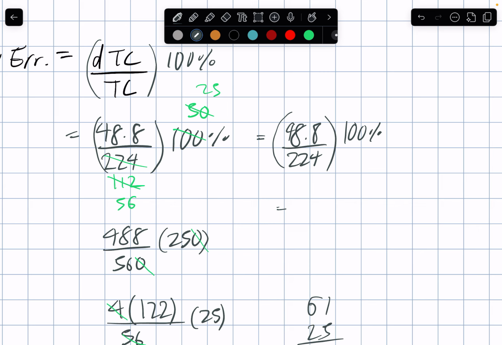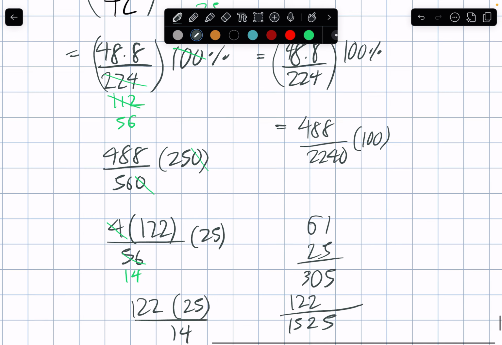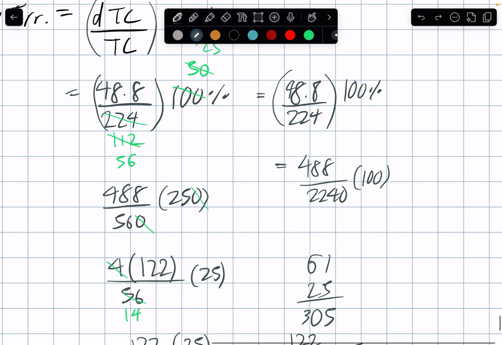So it takes a lot of time, I tell you. 488 over 2,240 times 100. I think this is the right way. You don't make it 1,000, if you get what I mean.